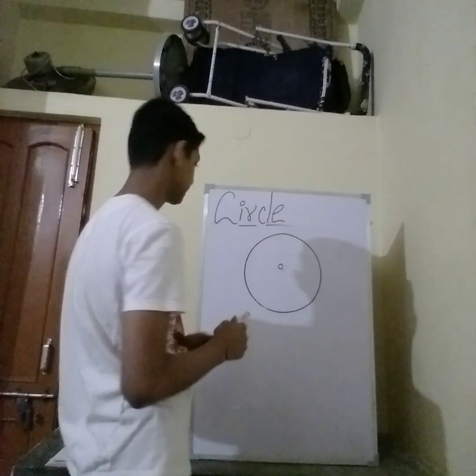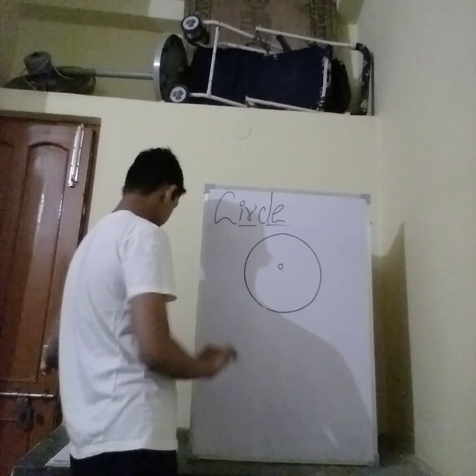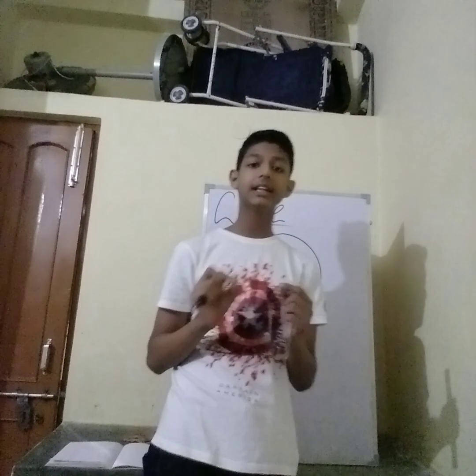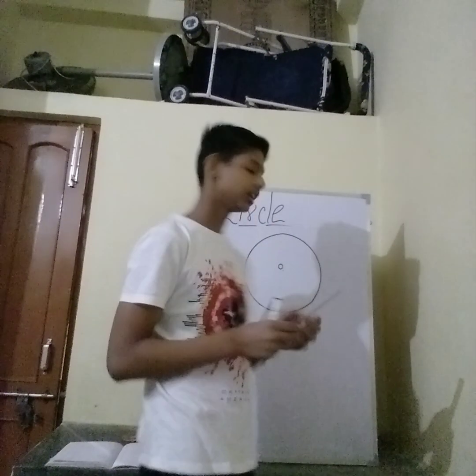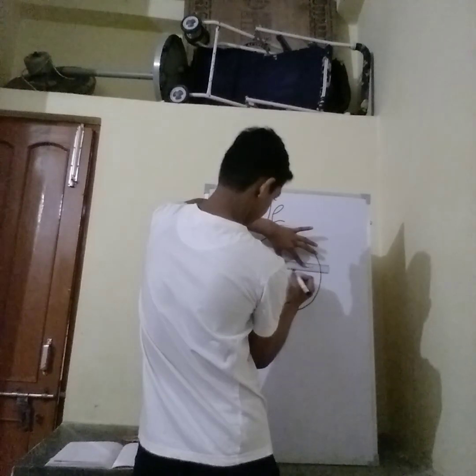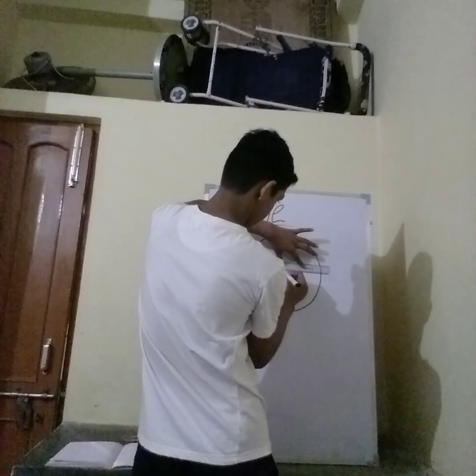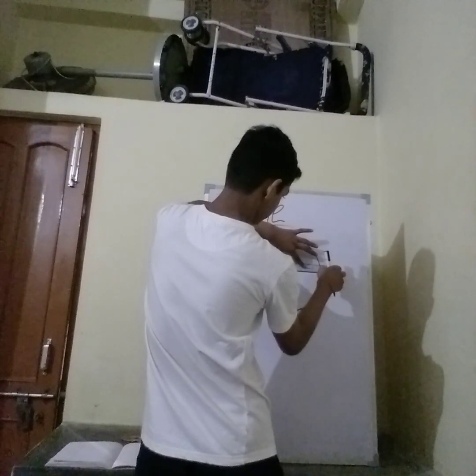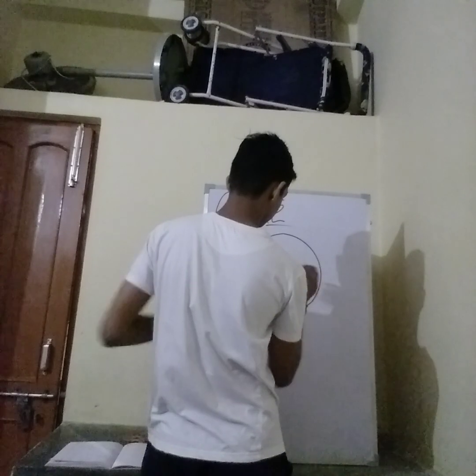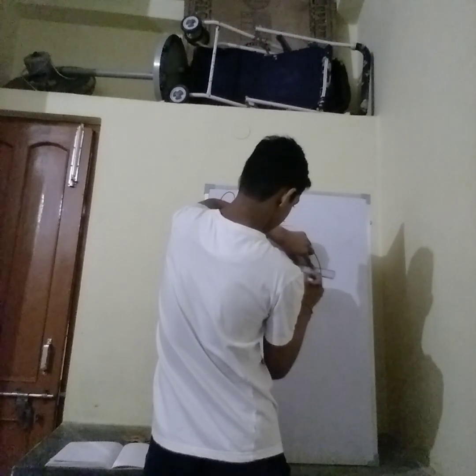Firstly, radius. The line joining the center of the circle to a point on the circumference of the circle, which means like this.